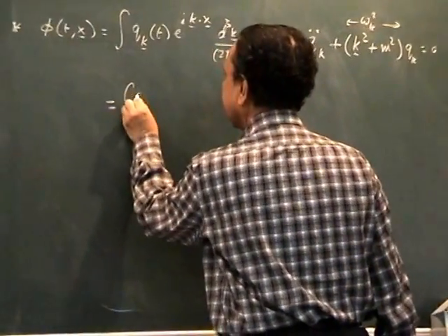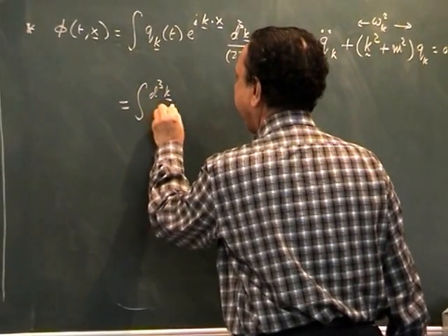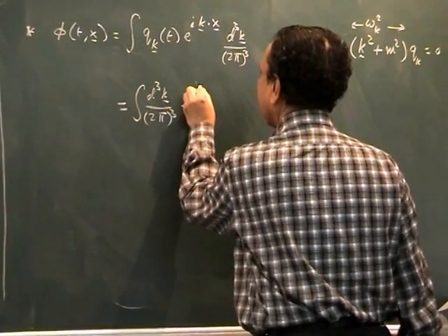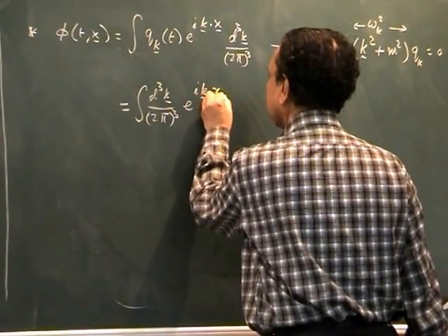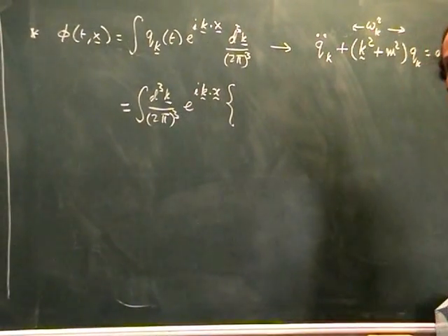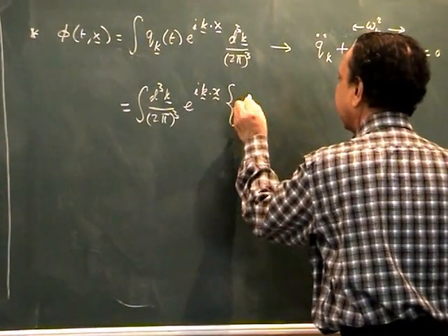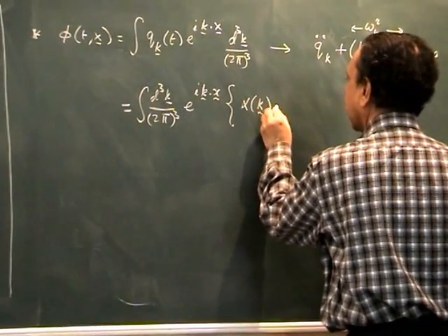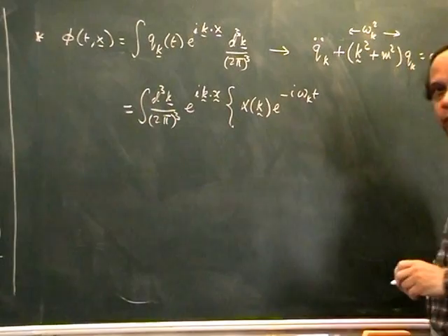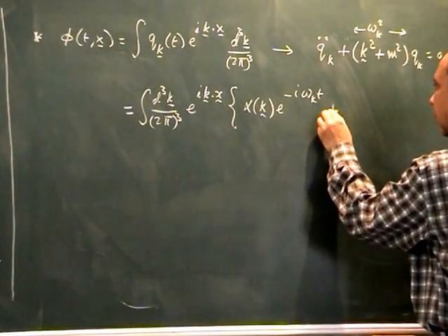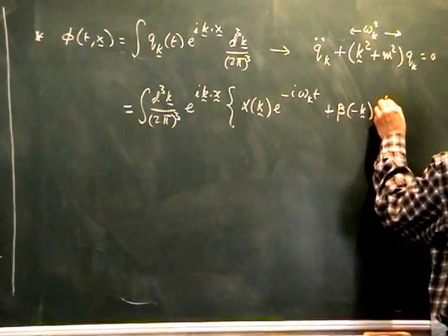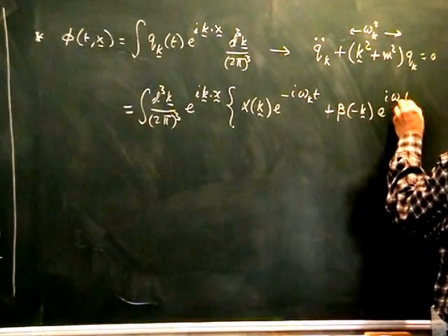The general solution is d3k over 2 pi the whole cube e to the i k dot x, and you substitute for qk of t. qk of t is going to be alpha of k e to the minus i omega k of t plus beta of minus k e to the i omega k of t.